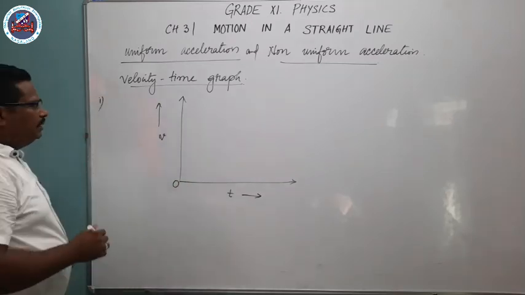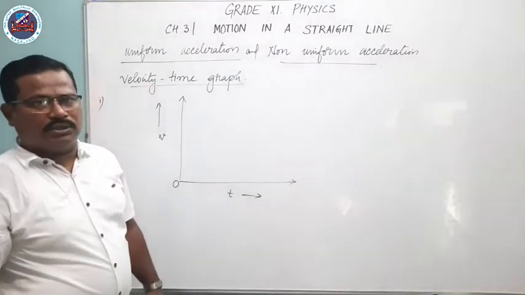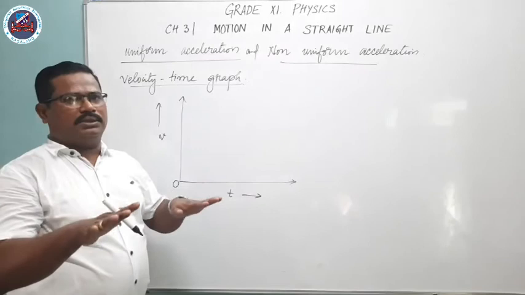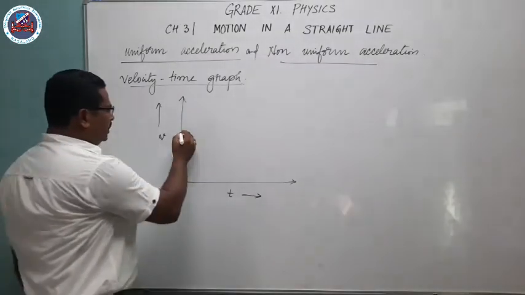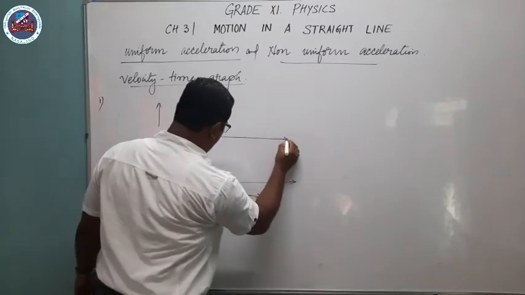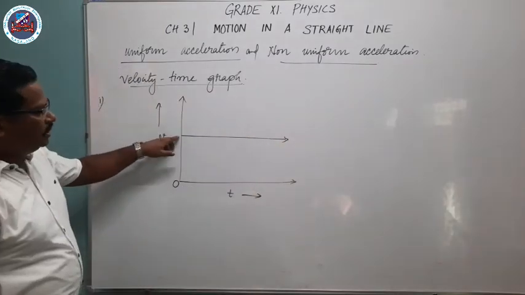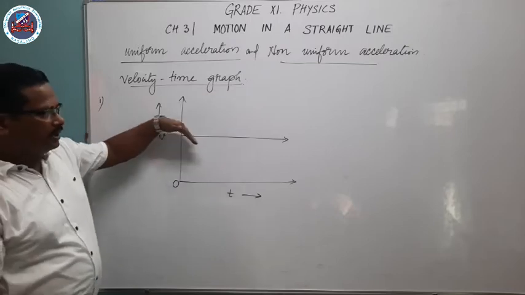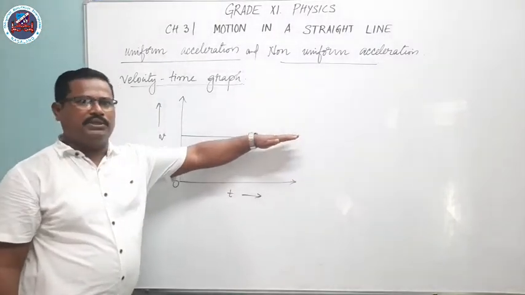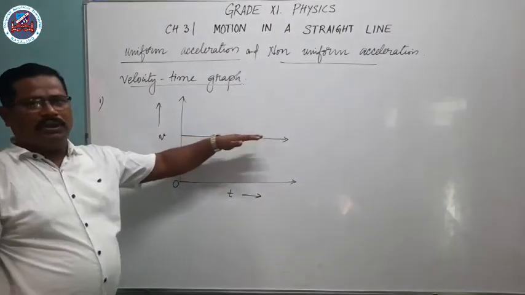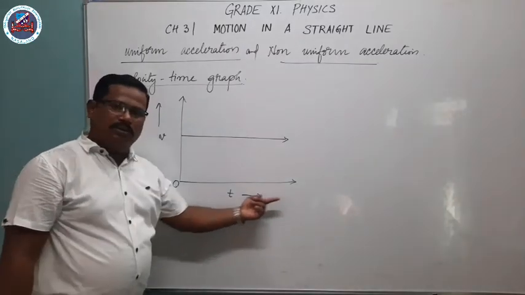If the body does not increase the velocity and does not decrease the velocity, if the velocity remains constant all throughout its motion, then we will draw a flat line parallel to the time axis. Neither does the velocity increase nor decrease, neither does it go up nor come down. It is going with the same velocity, traveling with uniform velocity. And time does not wait for anyone, it will go on.